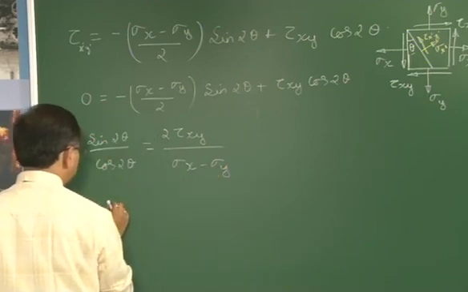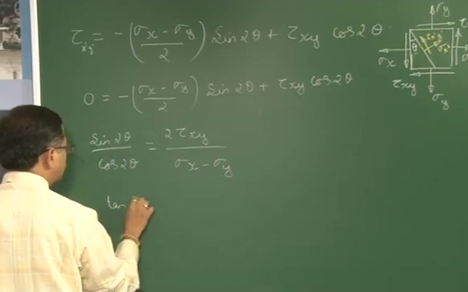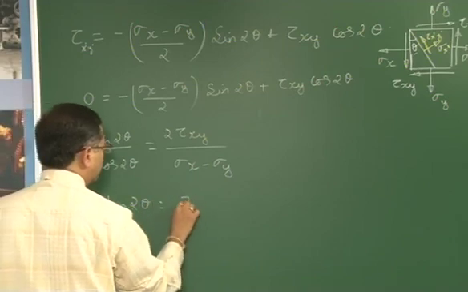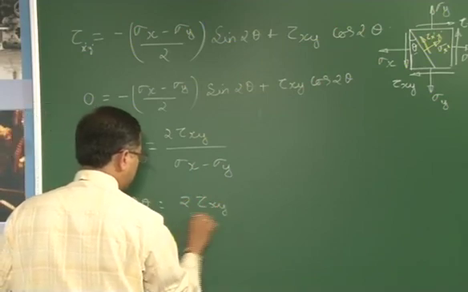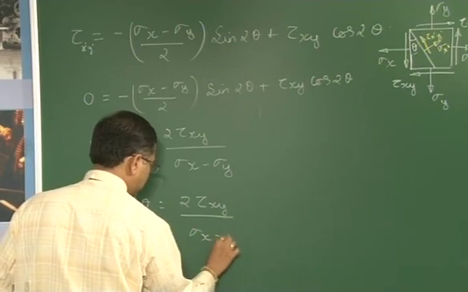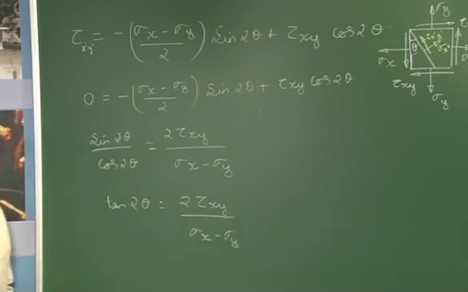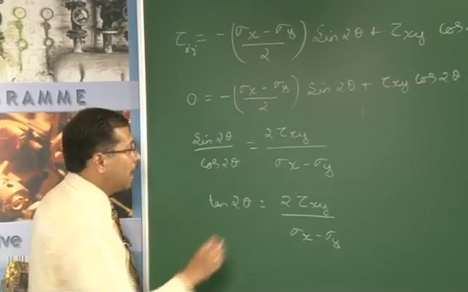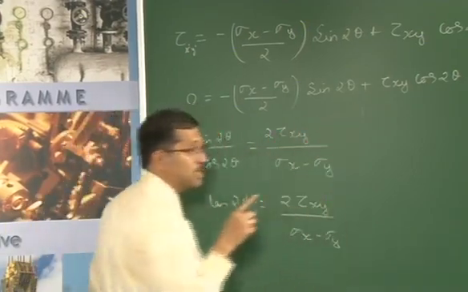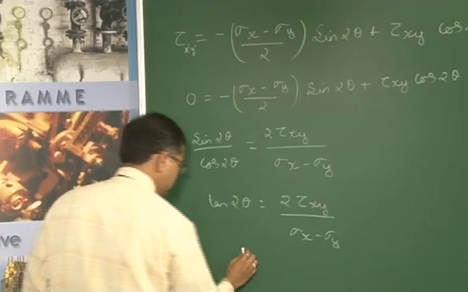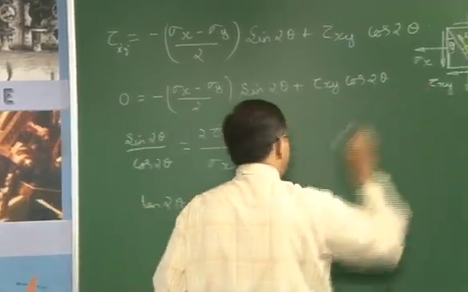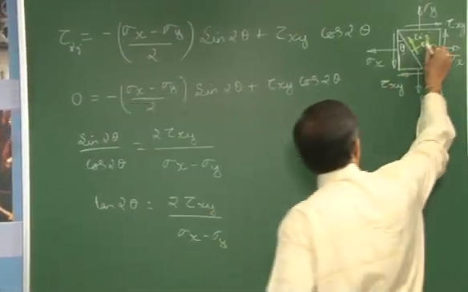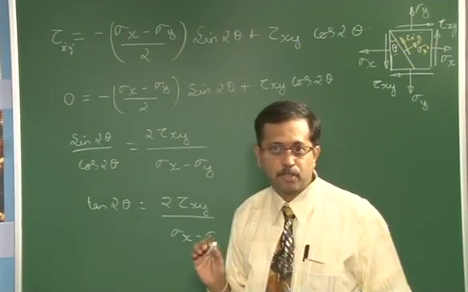This is nothing but tan 2 theta, which is equal to 2 tau xy by (sigma x minus sigma y), where this angle theta gives the inclination of the principal plane, that is the plane on which the normal stress would be the maximum stress.